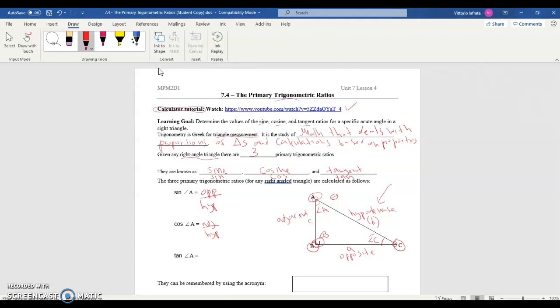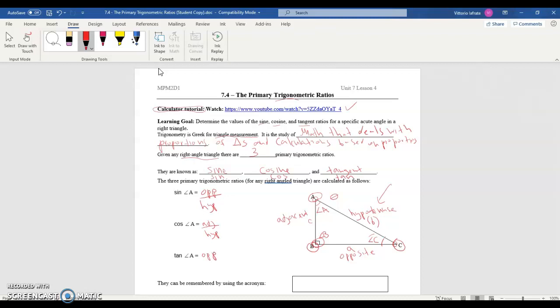So you need to remember that when I ask you for a sine ratio, the sine of angle A ratio, you're taking the length of the opposite side over the length of the hypotenuse. When I ask you for the cos ratio, cos of angle A ratio, you're taking the length of the adjacent side and you're dividing it or putting it over the length of the hypotenuse. And then for tan, you're going to do the opposite.